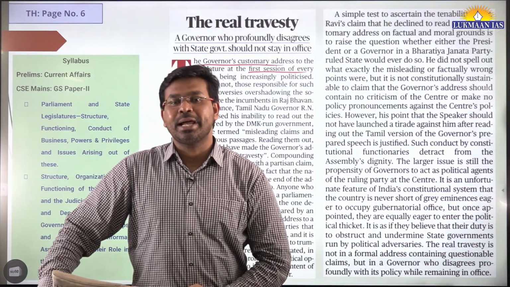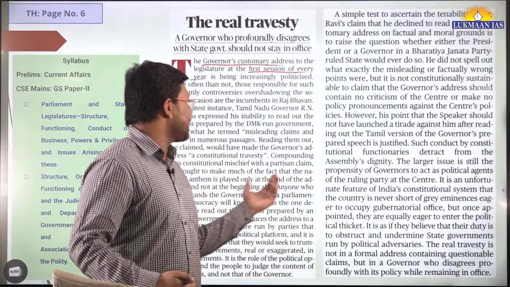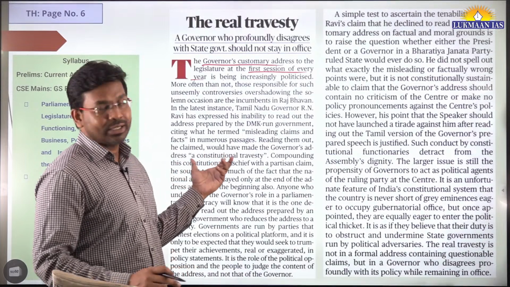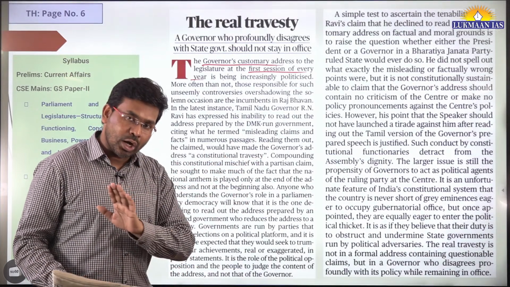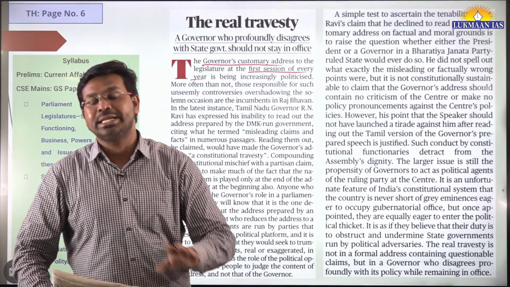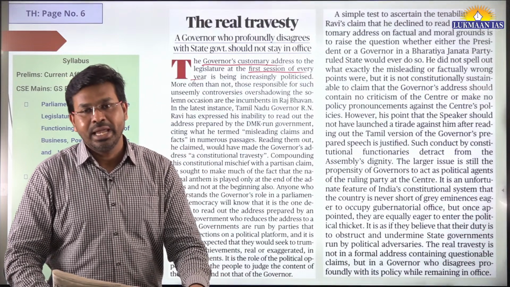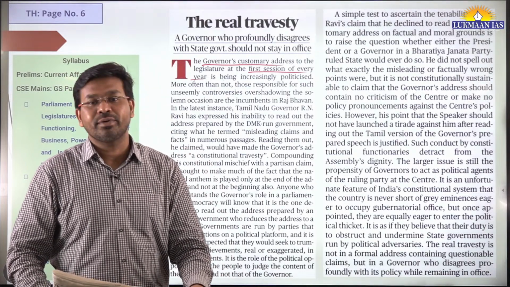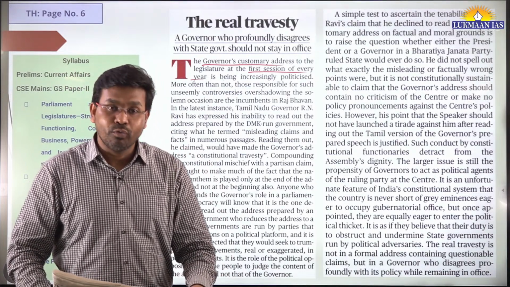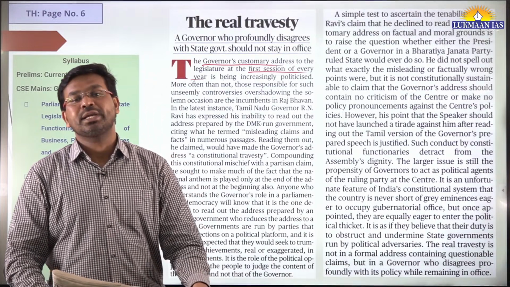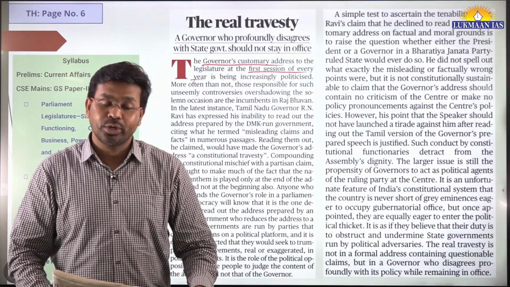At the same time, in this article, the author is saying that the governor has not clarified what the misleading claims of the state government are, and it is not expected from the governor to take political overtones when it comes to performing his or her own duty.